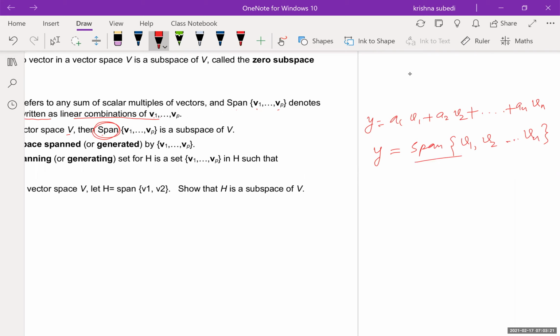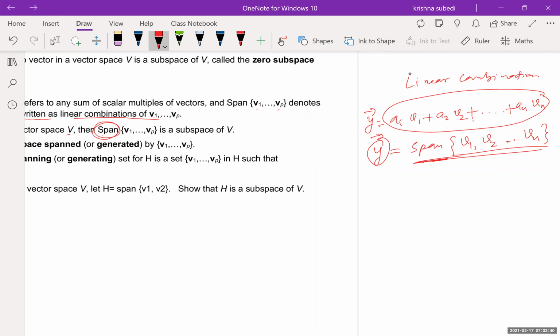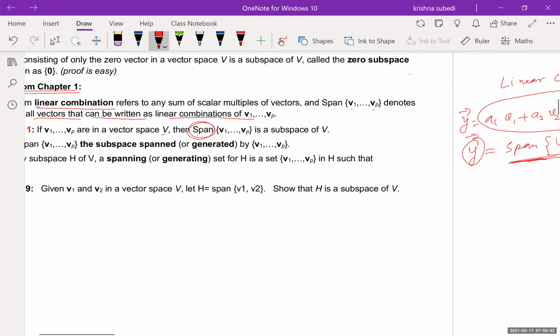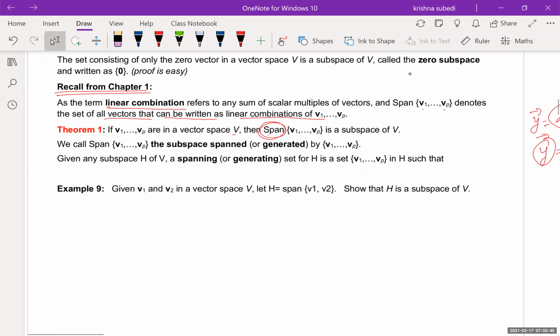We can create this vector y using different combinations of these given vectors. That's what we call linear combination, and then we can write this linear combination as a span. Remember the meaning here. All right, so the theorem tells us that if v1, v2, all the way up to vp are in a vector space V, then the span of v1 all the way up to vp is a subspace of V.